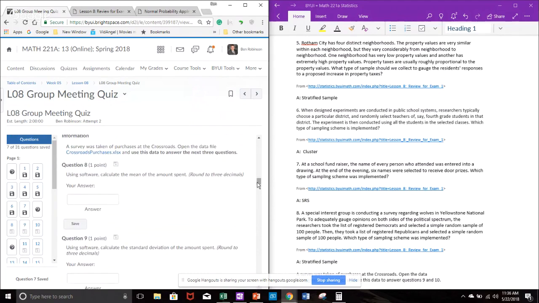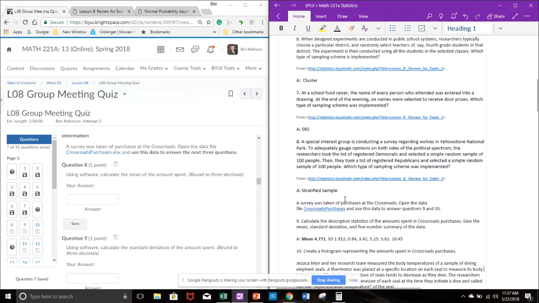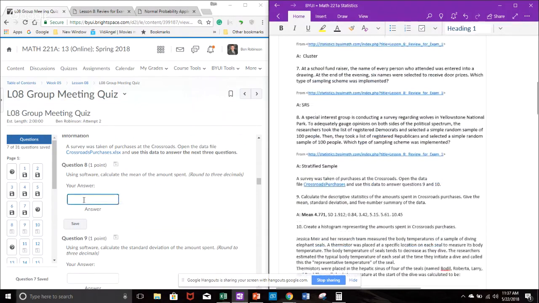Yep. So because we've already done the work, I don't think we need to get out the actual Excel spreadsheet here. But when I did, I got the mean was 4.771. So as long as you agree with that, I think we can move on. Yes, I agree with that. Okay.